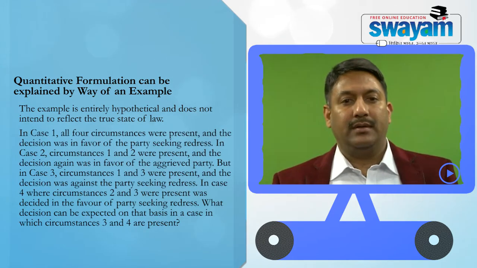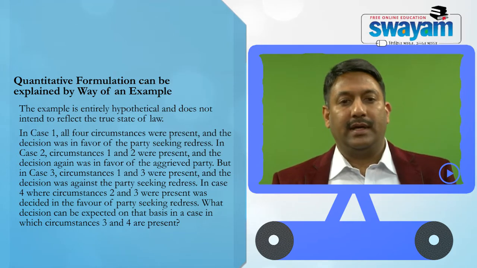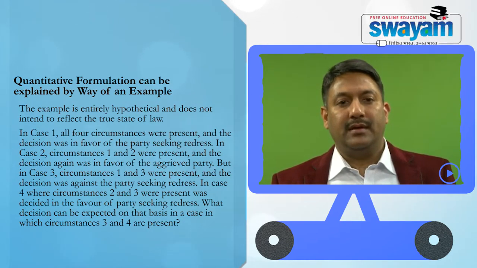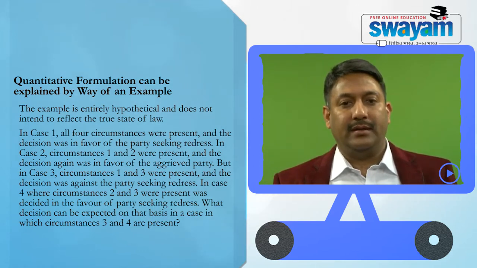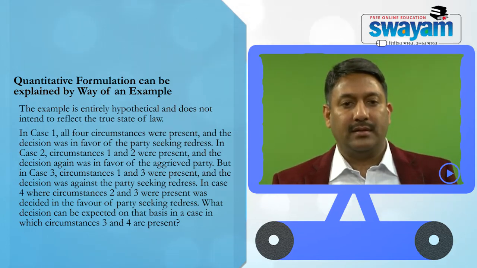In case 1, all 4 circumstances were present and the decision was in favor of the party seeking redress. In case 2, circumstances 1 and 2 were present and the decision again was in favor of the aggrieved party. But in case 3, circumstances 1 and 3 were present and the decision was against the party seeking redress.